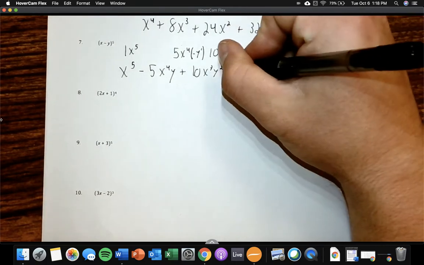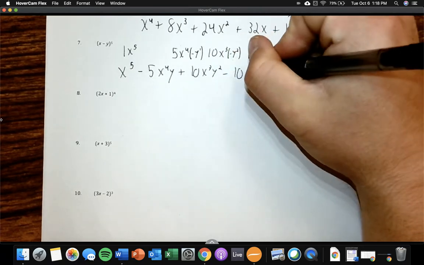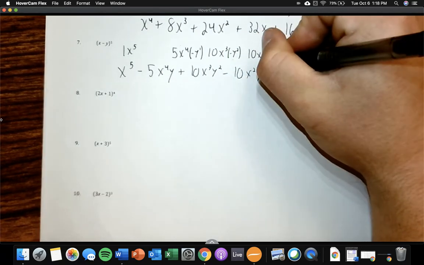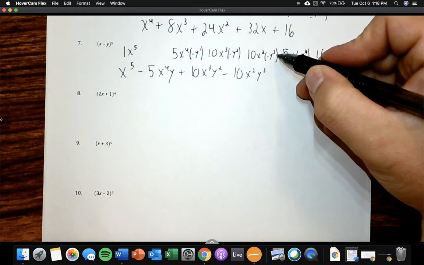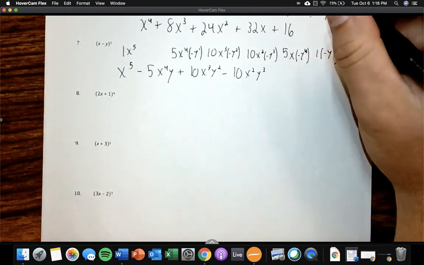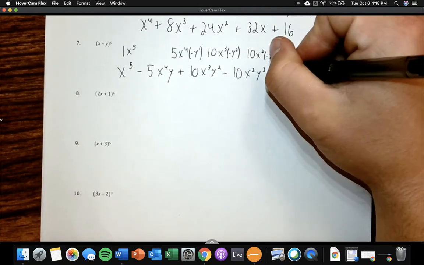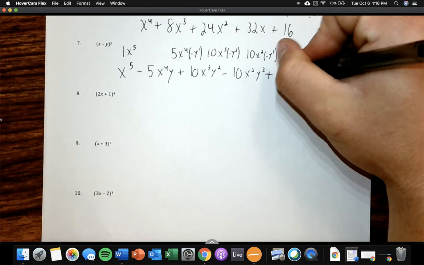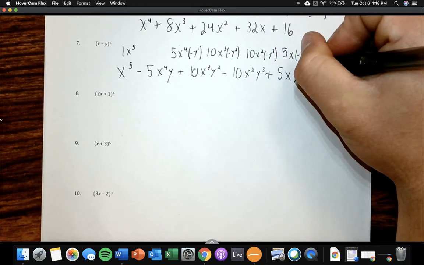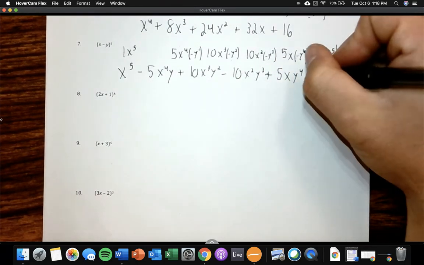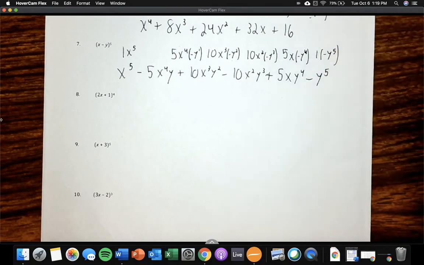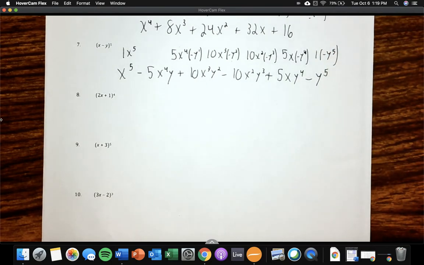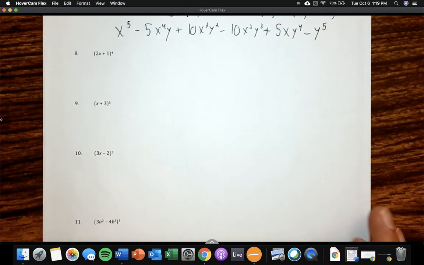And that's going to be minus 10 x squared y to the third, because it's raised to the third power, it stays negative. And that's going to be plus 5 times x times y to the fourth minus y to the fifth. So again, it's way faster than expanding it using the FOIL method and distributing. So let's look at number 8.